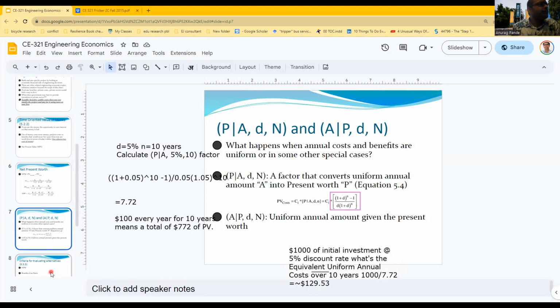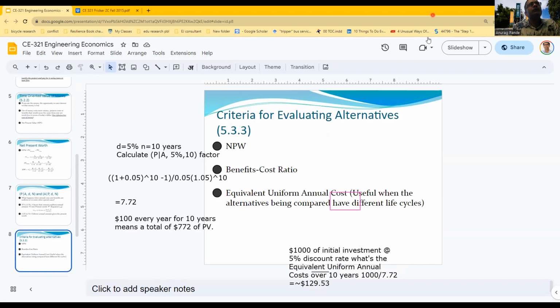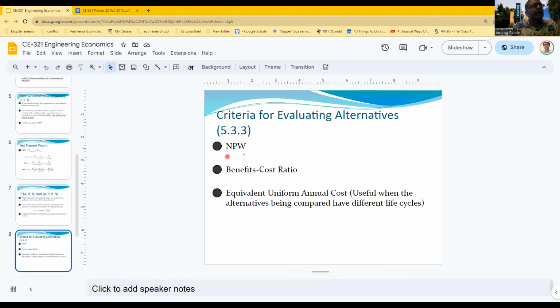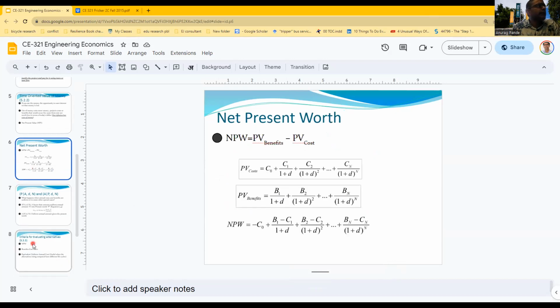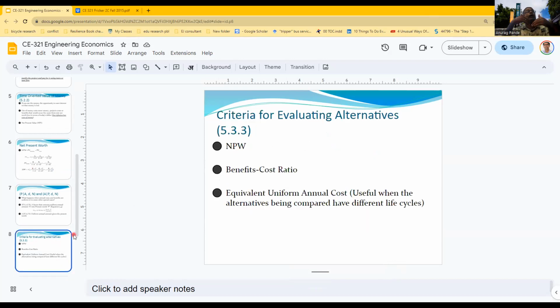Once we have them converted into present values, you can calculate net present worth like we did in the slide here, benefit minus the cost. And you can compare whichever alternative gives you the highest net present worth.